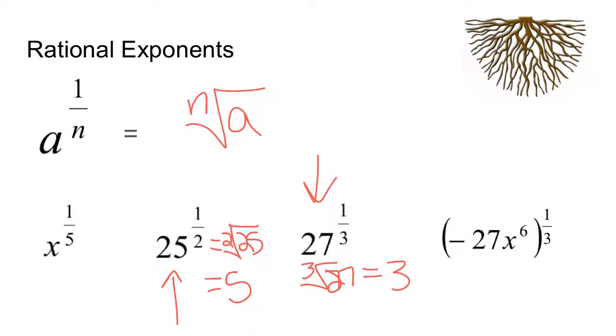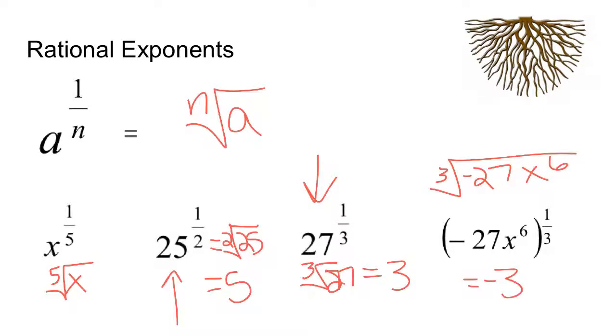And then going back to the very first problem there, we simply rewrite it as the 5th root of x, I think is all that they wanted you to do there. And on this last one, this would be the same thing as the third root of negative 27 x to the 6th. So that's going to be negative 3 x squared. Remember on the previous slide, we saw that the third root of x to the 6th is x squared.